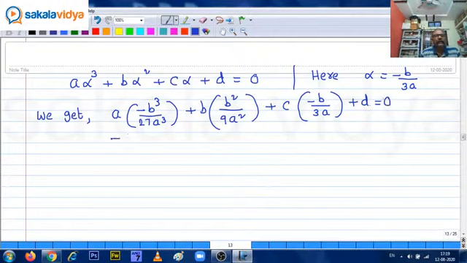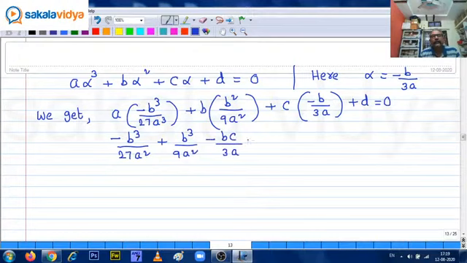Now this can be written as minus b cube upon 27a square plus b cube upon 9a square minus bc upon 3a plus d equals 0.